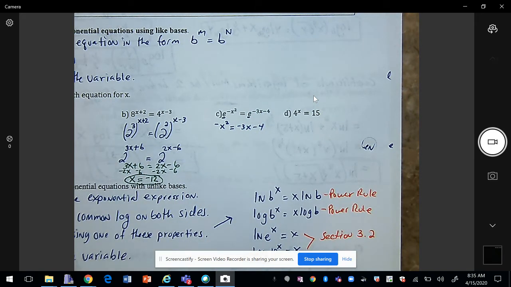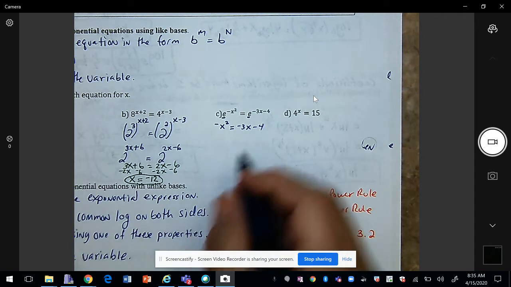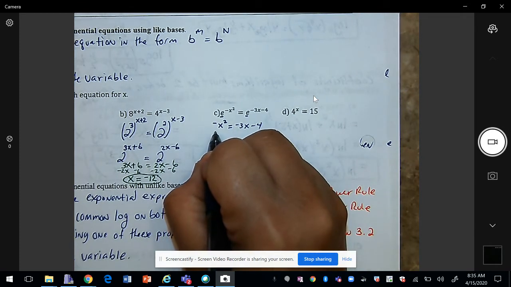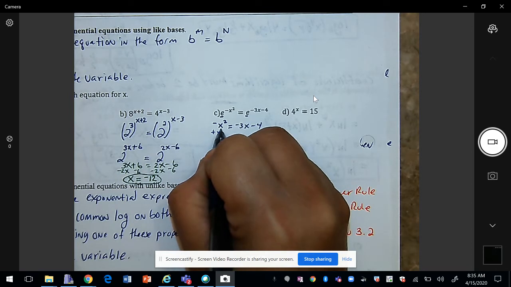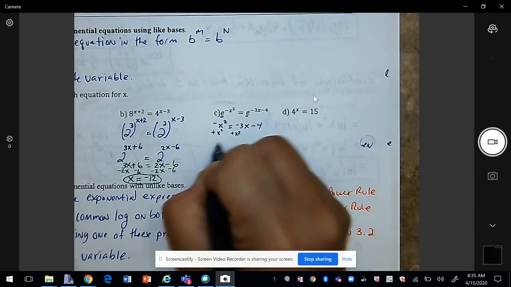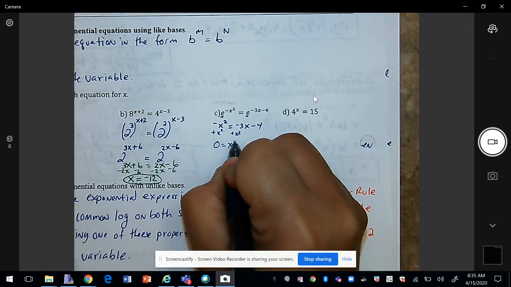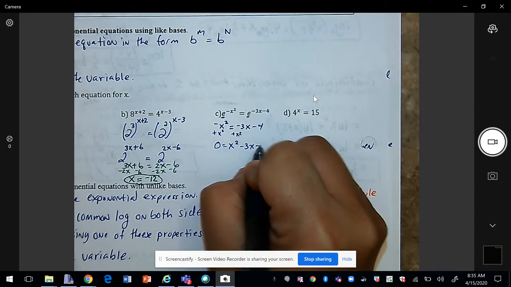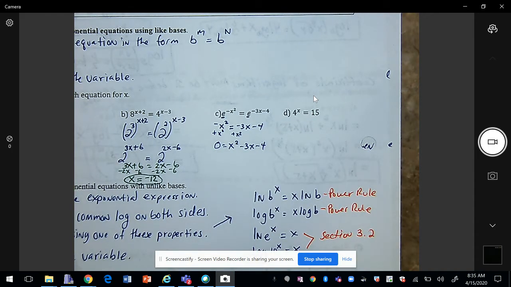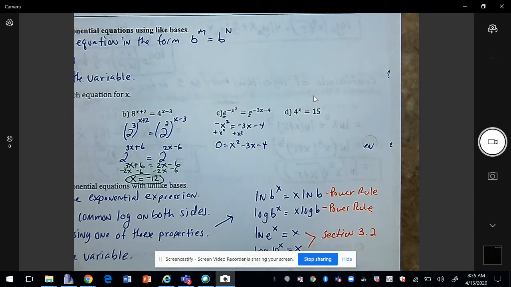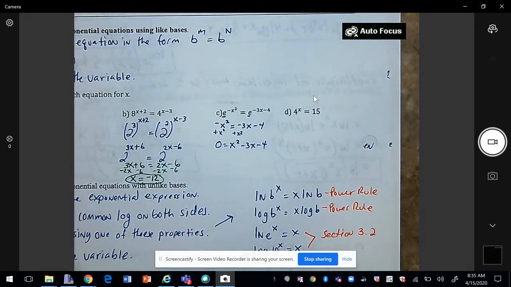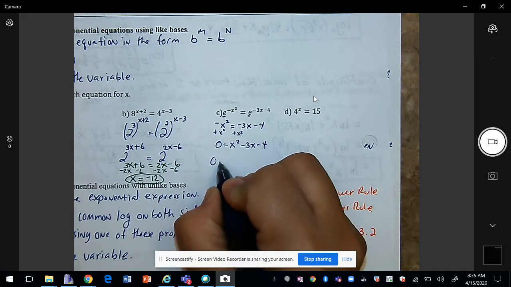Notice that the x is squared, so that means this is quadratic, so everything should be on the same side. I'm going to bring x squared to this side, so I get 0 equals x squared minus 3x minus 4. Now you have choices to solve this quadratic equation. You can either factor if it's factorable, or you can use the quadratic formula.